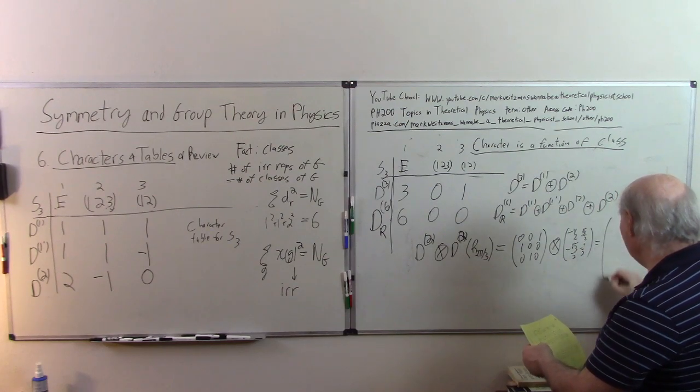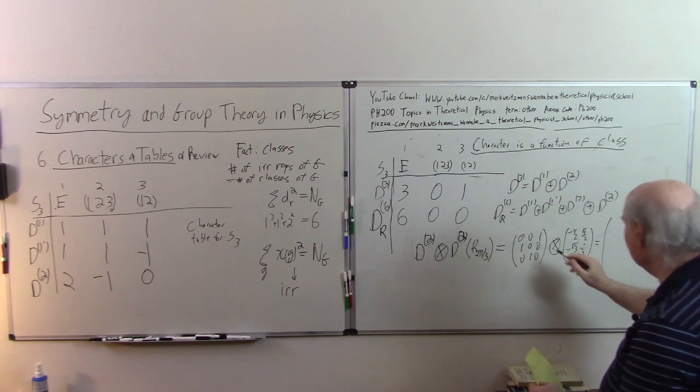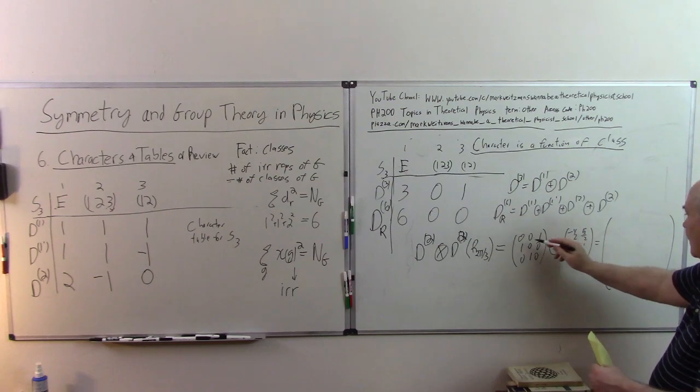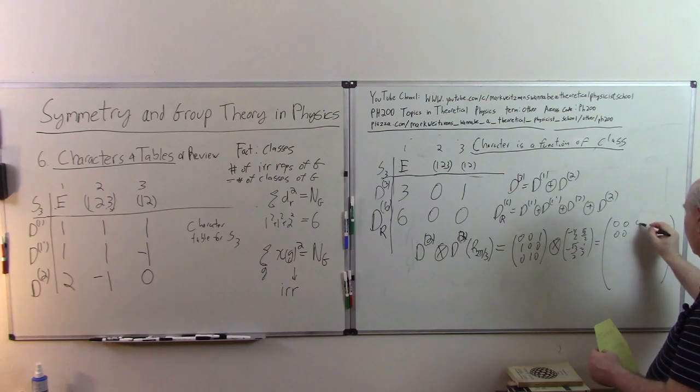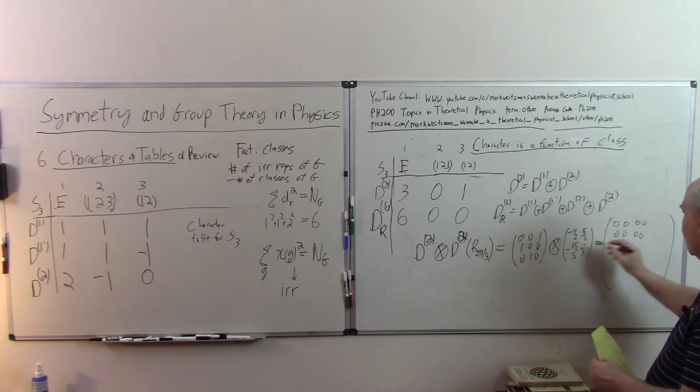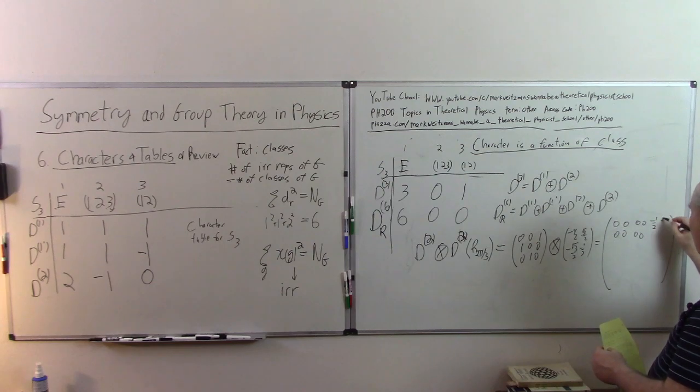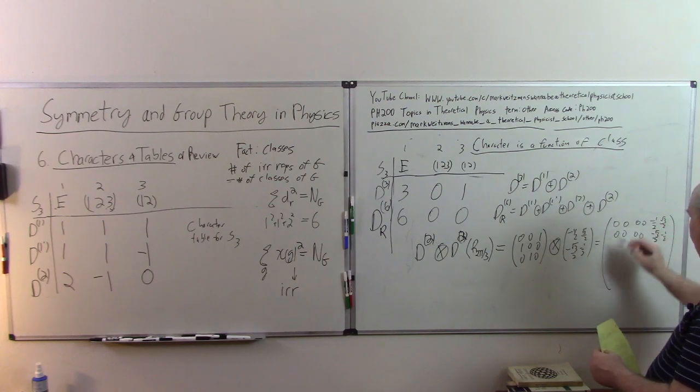And if you remember how we do it, we just go through the first one: 0 times this matrix. Then we have 0 times this matrix. Then we have 1 times this matrix. And so on.